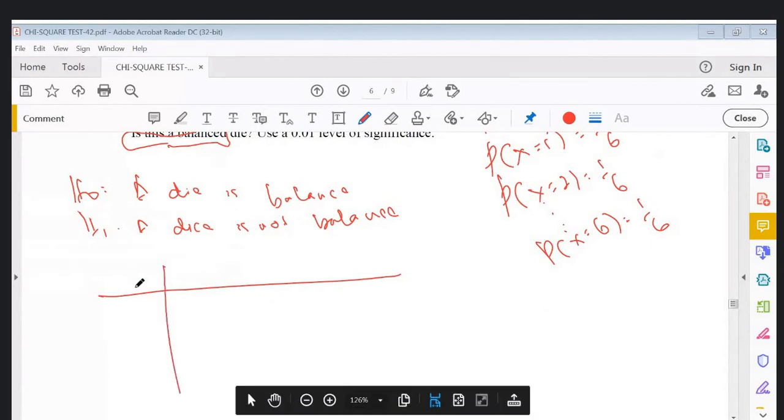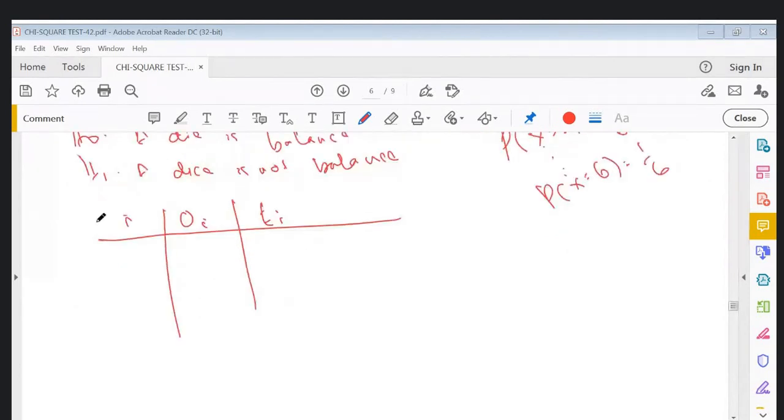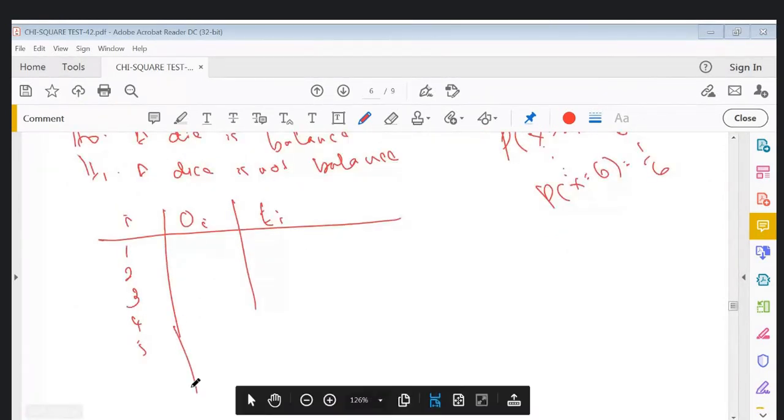For the table, Oi is the observation, and this one is Ei. I starts from 1; we have 6 data: 1, 2, 3, 4, 5, 6.